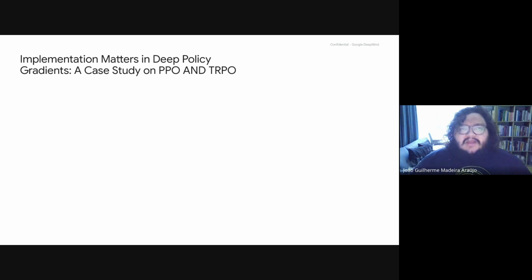Basically one of them does a first order approximation, the other does a second order, something like that. And that's the only difference between them a priori, when you just read the algorithms. But the authors of this paper in 2020 went looking a little bit into how PPO is implemented in real life, and they started to realize that there are more differences.